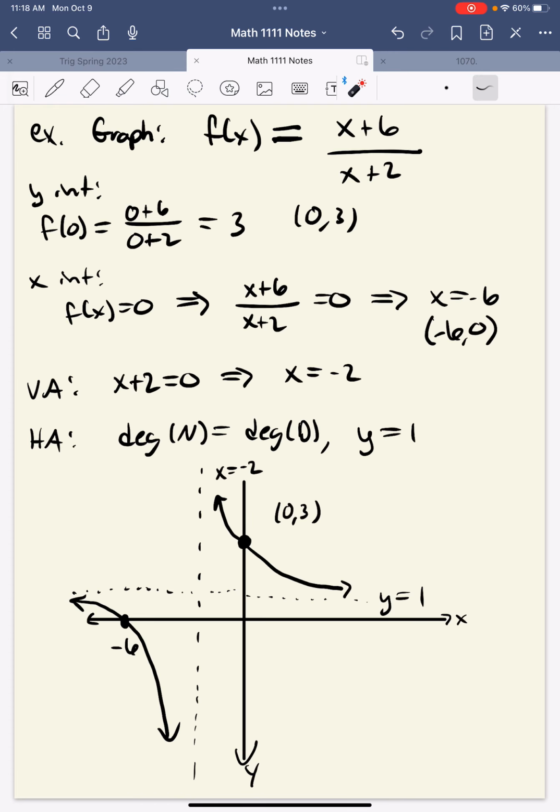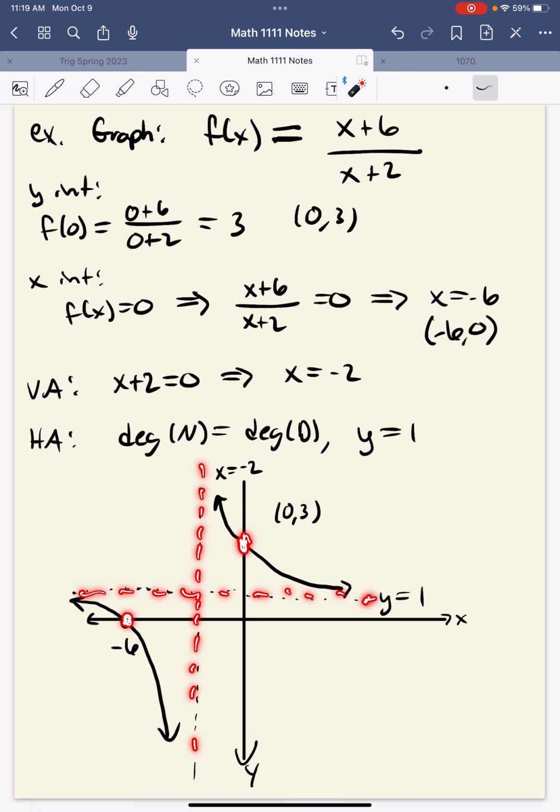Then we're going to find all of the asymptotes. The denominator has an x plus 2 as a factor, so x equals -2 is the VA, and the degrees of the numerator and denominator are both 1. So the rule is that the HA exists at the ratio of the leading coefficients. The leading coefficient in the numerator is 1, the leading coefficient in the denominator is 1, so the HA exists at y equals 1.